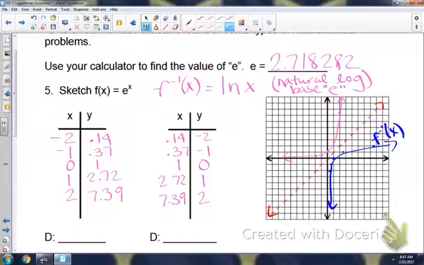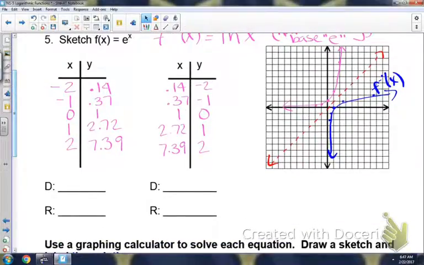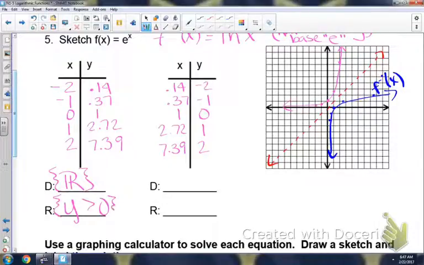Okay. All right, so let's look at the relation, which is the original. Notice the domain, it's going to be all real, or you can do negative infinity to infinity. And then your range, if you look at the y, it's everything greater than 0, or you can use the interval notation.